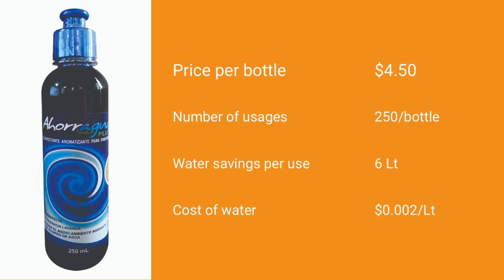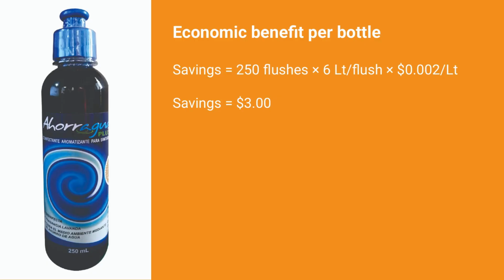At my home, each flush used 6 liters of water, and the cost of water and sewage was 0.2 cents per liter. Multiplying those values, I calculated a total savings of $3 per bottle.